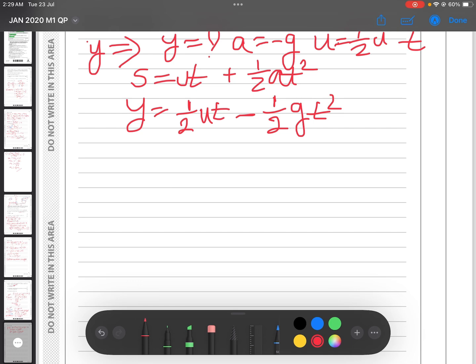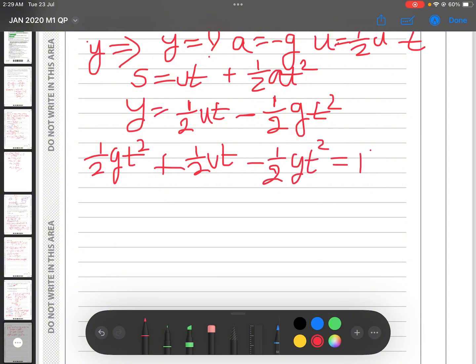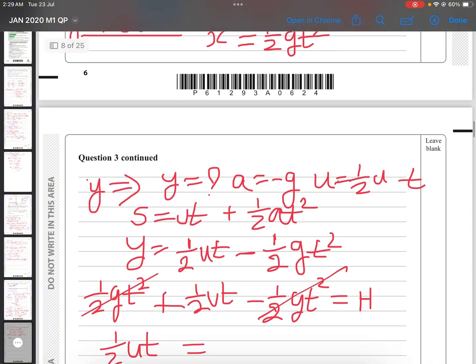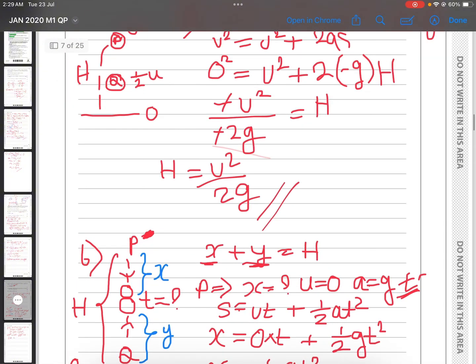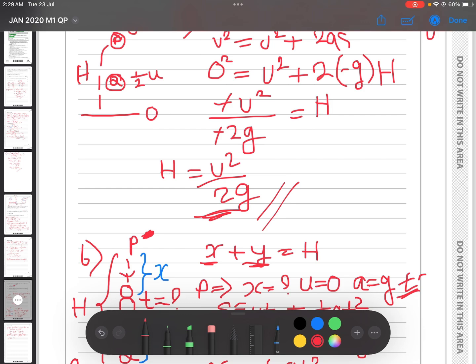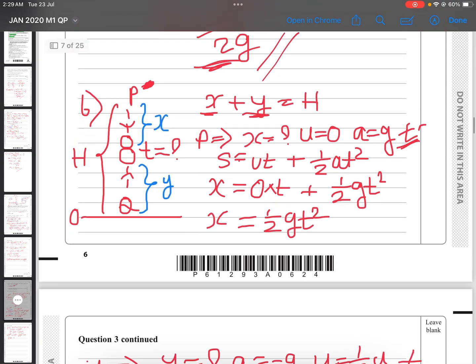For x, it was half g t squared, and plus y, which is half u t minus half g t squared, is equal to h. We can see that half g t squared and half g t squared can be cancelled. Half u t is equal to h, and we found an equation of h in part A, that is u squared over 2g. Now we can substitute this over here.